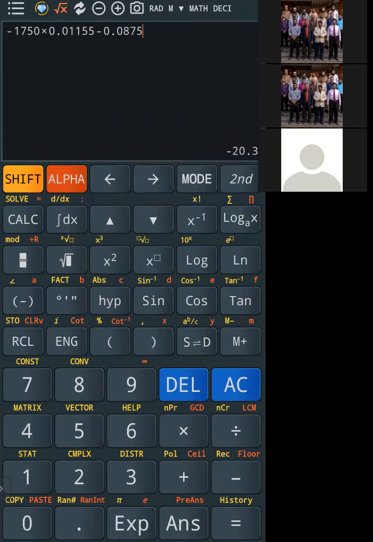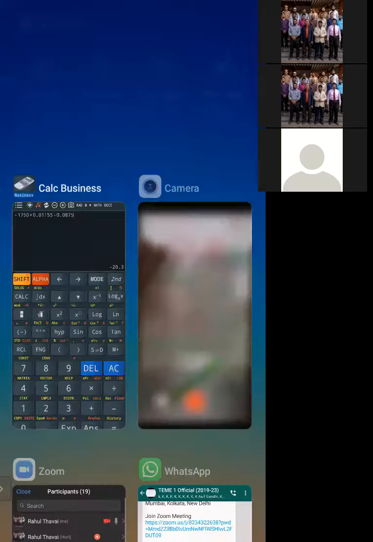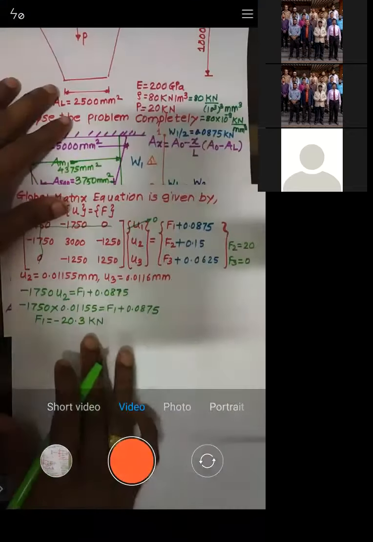So this is coming as minus 20.3. F1 is coming as minus 20.3 kilonewton. All of you check what you have done exactly. I solved this equation in front of you, so you should be able to do that. That is basic mathematics, not required to be explained. Just do that. So this is F1.